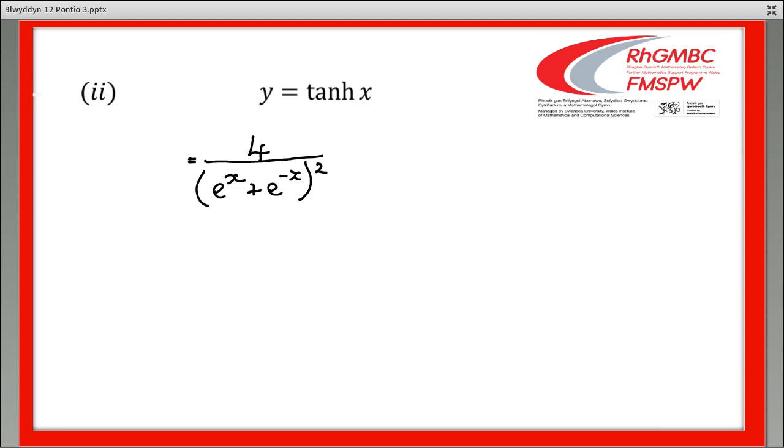We'll get there and put all the lines in, and that is the same as 2 over e to the x plus e to the minus x, all squared.